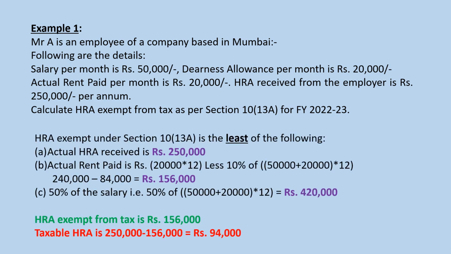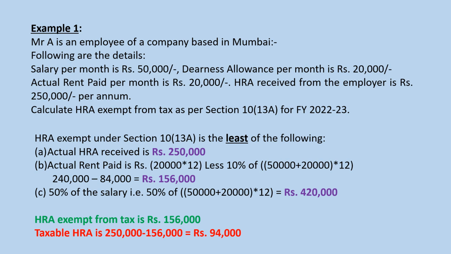Now HRA exempt under Section 10(13)(a) is least of the following. The actual HRA received, that is rupees 2,50,000. Actual rent paid is rupees 2,40,000 less 10% of his salary, which will be 2,40,000 minus 84,000, that is 1,56,000, or 50% of his salary, since the company is based in Mumbai and the accommodation is provided in Mumbai.